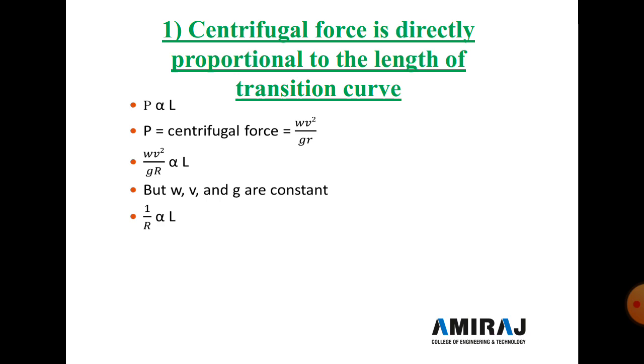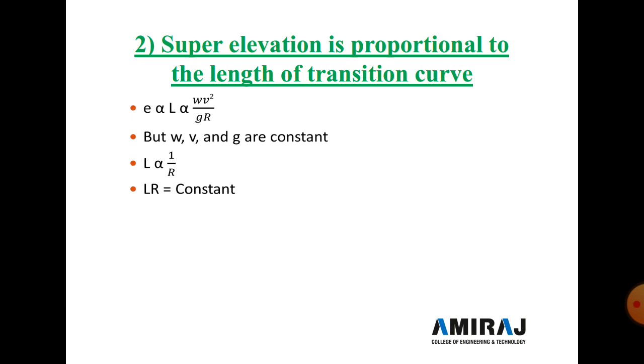So first we discuss the centrifugal force, which is directly proportional to the length of the transition curve. So P is directly proportional to L. P, the centrifugal force, is Wv squared divided by gR, directly proportional to L. But W, v and g are constant values, clear. So 1 upon R directly proportional to L means R is inversely proportional to L.